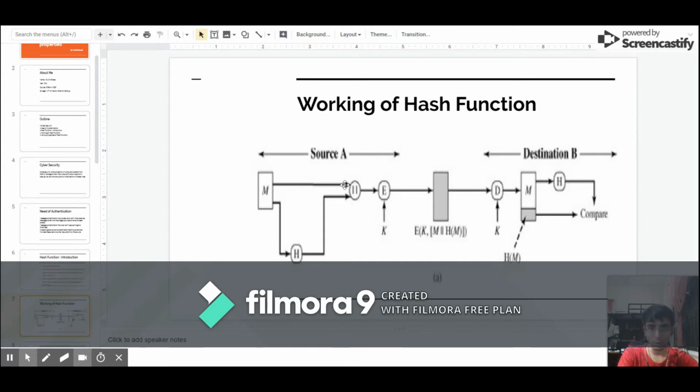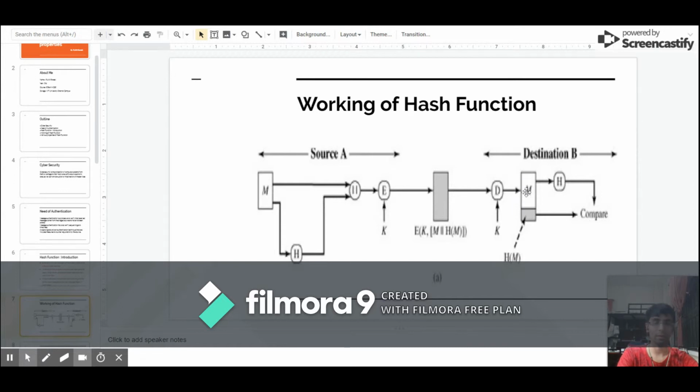Then both are combined, and that message is encrypted with a key K, and the encrypted message is sent to the destination. Then it is decrypted, and we get the message together with the hash-function-applied message.